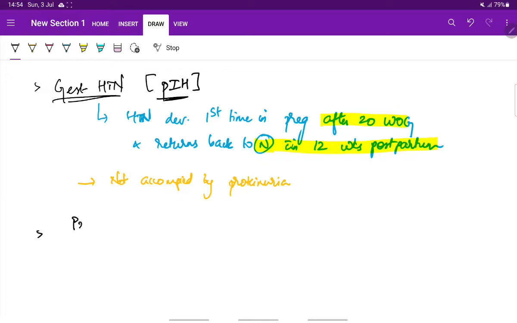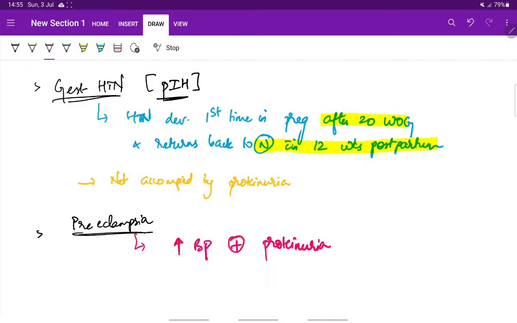Next is preeclampsia. Preeclampsia is characterized by increase in blood pressure along with proteinuria. So the hypertension associated with proteinuria is called as preeclampsia.